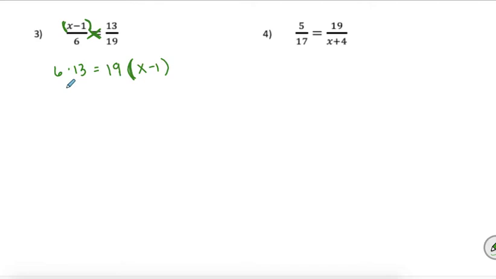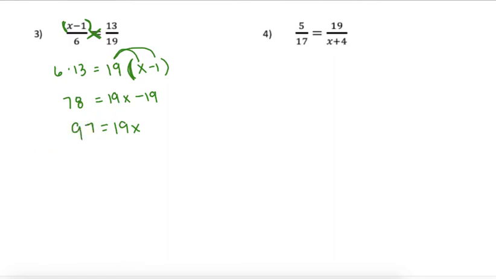So if I combine 6 times 13, I get 78, and distribute here, 19x and 19 times negative 1 is minus 19. I'm going to add 19 over because now I'm solving, trying to get this by itself. So 78, and my inverse operation is adding 19 over.